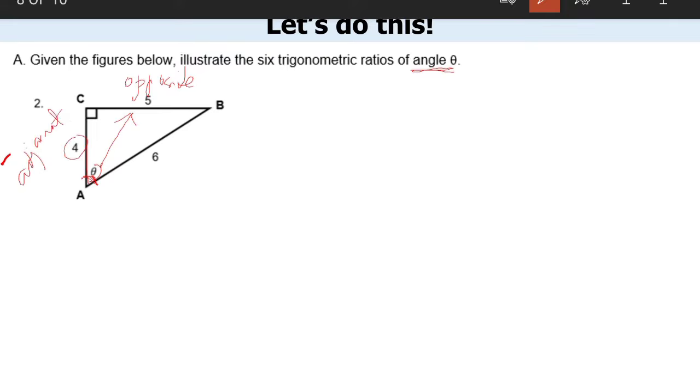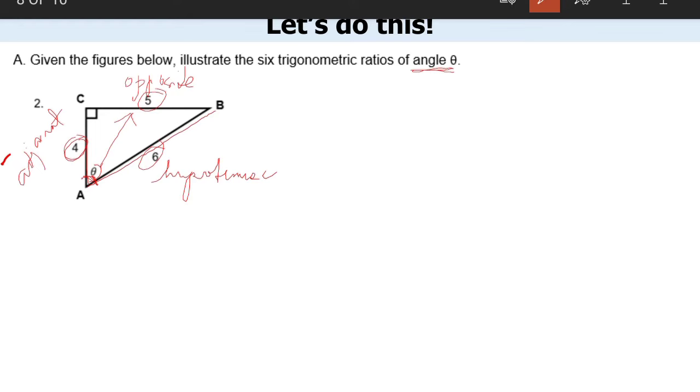And remember that the longest side is always your hypotenuse. So the adjacent is 4, the opposite is 5, and the hypotenuse is 6.